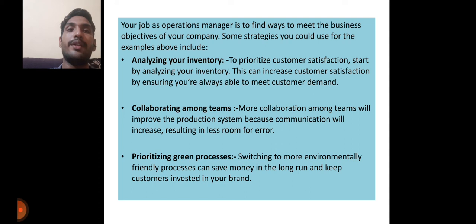Second is collaborating among teams. More collaboration among teams will improve the production system because communication will increase, resulting in less room for error. Third, prioritizing green processes. Switching to more environmentally friendly processes can save money in the long run and keep customer investment in your brand.